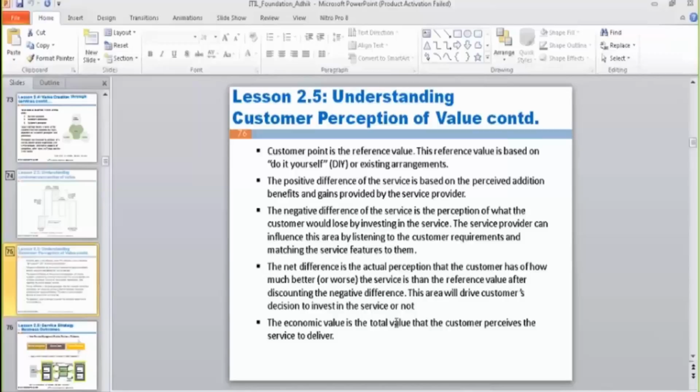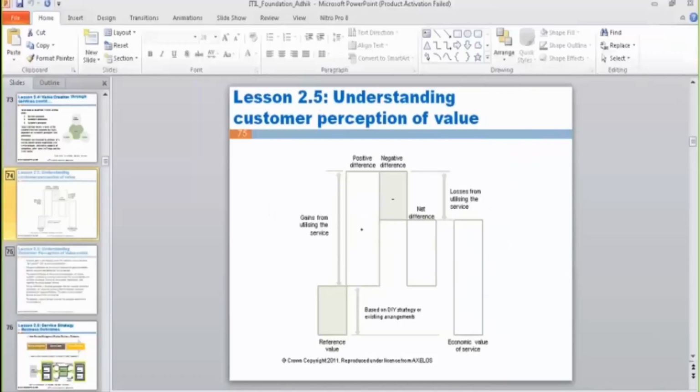This shows how much better the service is than the reference value after discounting the negative differences. This area will drive the customer's decision to invest in the service or not. So this is the net difference: how much to invest in the service or not.